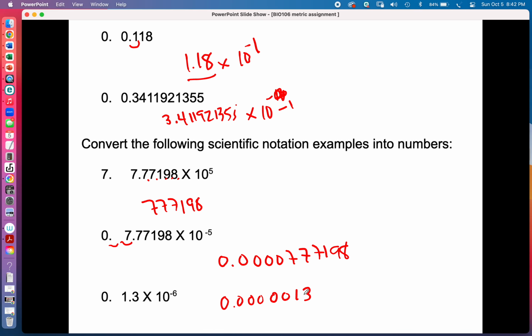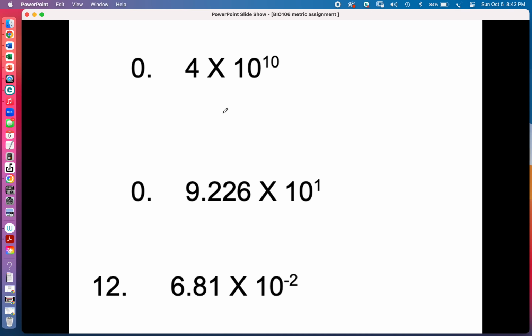And then the next one is 4 times 10 to the 10th, so that's just going to be 4 with 10 zeros, or 40 billion. See, so we go from this up to thousands, up to millions, up to billions. 333, and we have a total of 10 zeros.